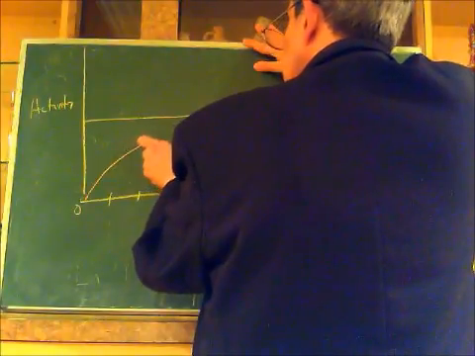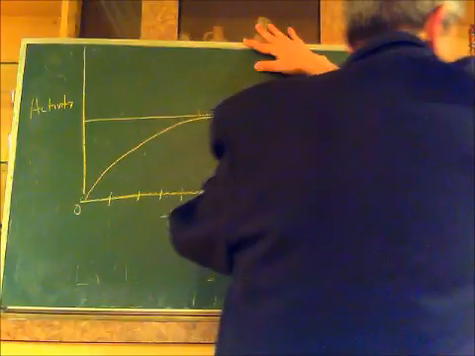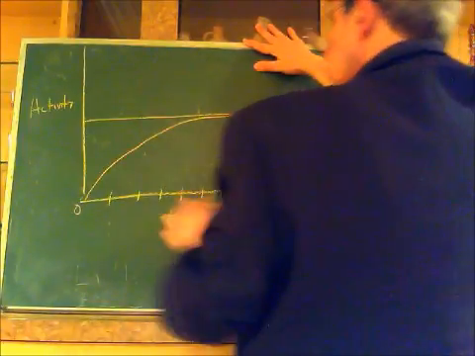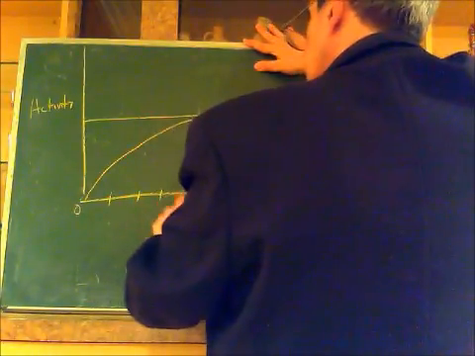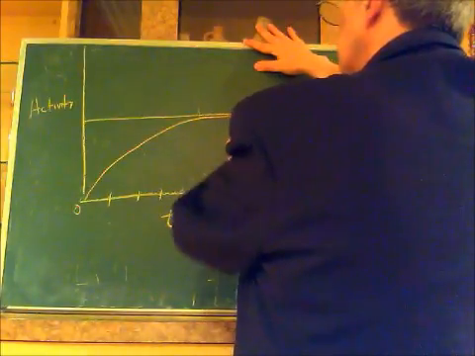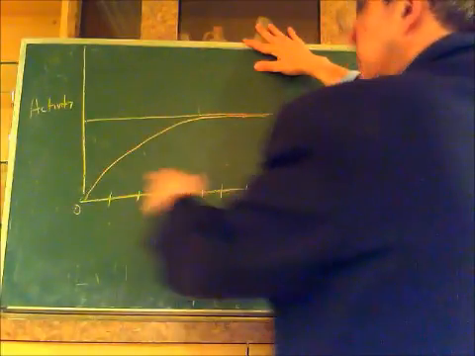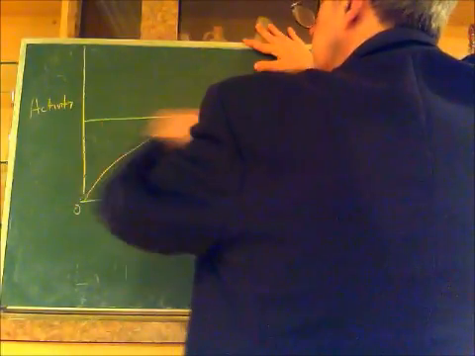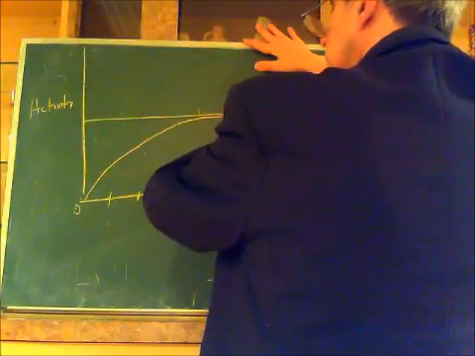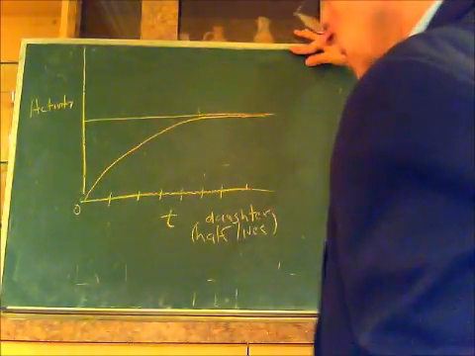It's going to come up like this, and eventually after 1, 2, 3, 4, 5, 6, 7, right about here, it's not going to change anymore. At around 7 half-lives, the daughter and the parent are going to have about the same activity, and we're going to get this straight line relationship that goes on and on.